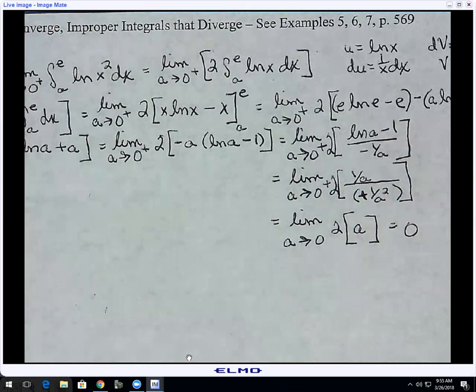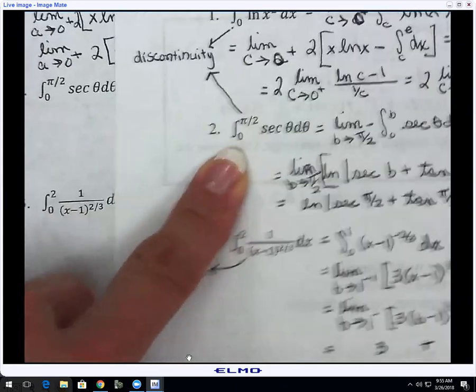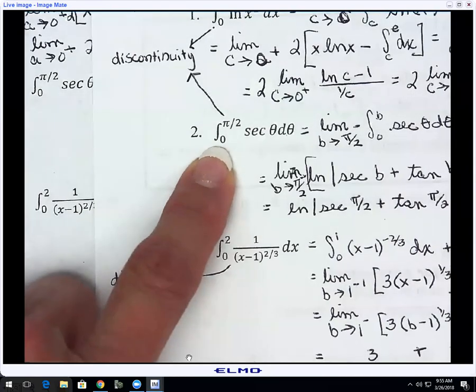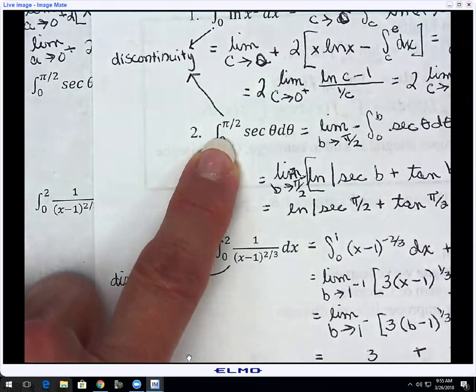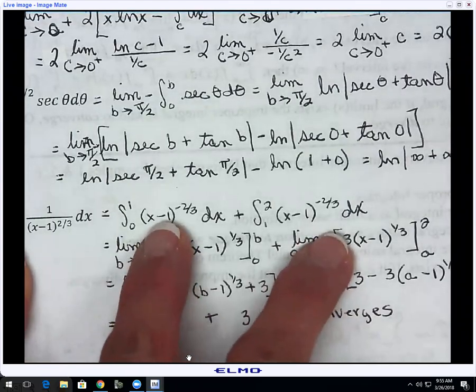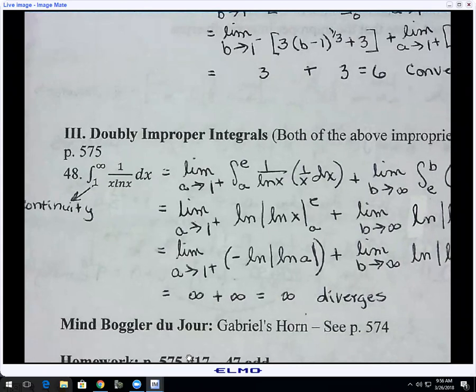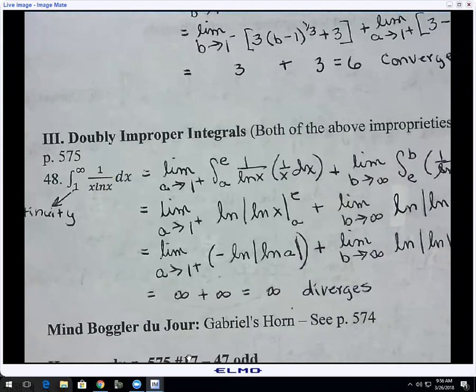All right, I wanted to do 2 more, actually 3 more, and we don't have time to. Let me just show you one thing. The reason I wanted to do the second one is because the vertical asymptote's at the right endpoint. The reason I wanted to do the third one is the vertical asymptote's in the middle. That just means we have to break it into 2. And then the second most fun of the day, doubly improper integrals.